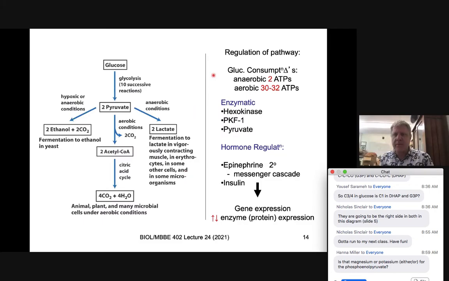But we've got to think about this issue of energy overall. If we think about glucose consumption and the changes with molecular oxygen being available, we can get 30 to 32 ATPs. I put 30 to 32 because we haven't considered the issue of transportation, because there is a situation where we will consume 2 ATPs due to a priming reaction.